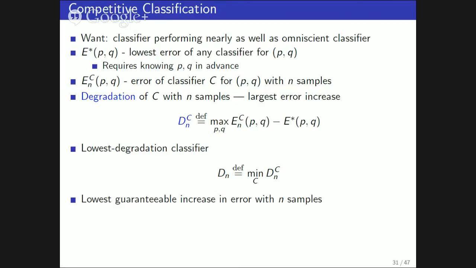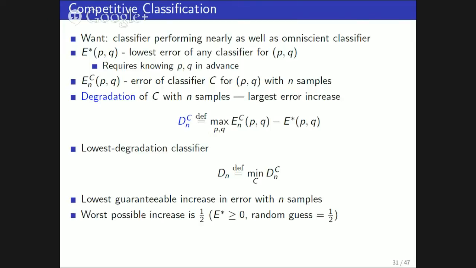So it's the lowest guaranteeable increase in error with n samples. Now, notice that the worst possible increase is half, because the best error is at least 0, and you can always guess randomly and be right half the time. By just guessing, you're making an error of half. The best is 0, maybe. So you're off by half.